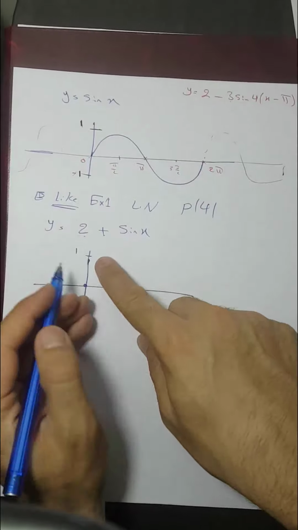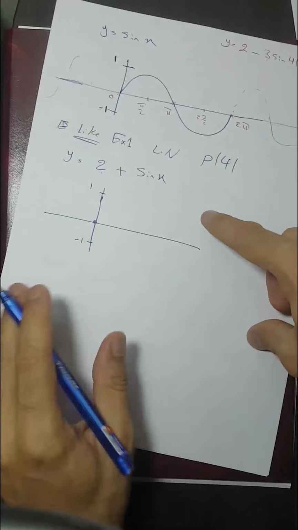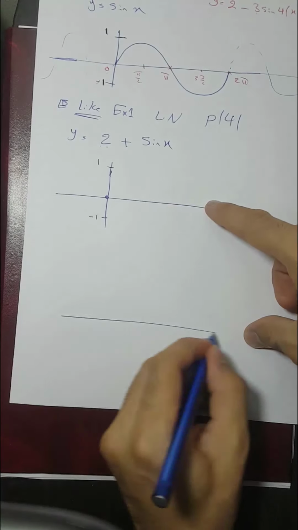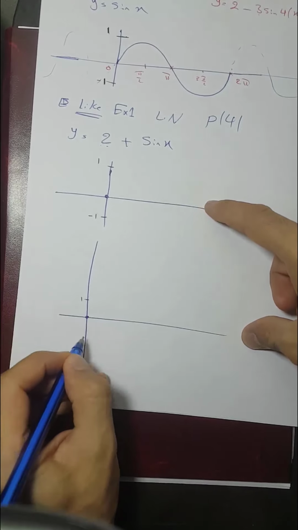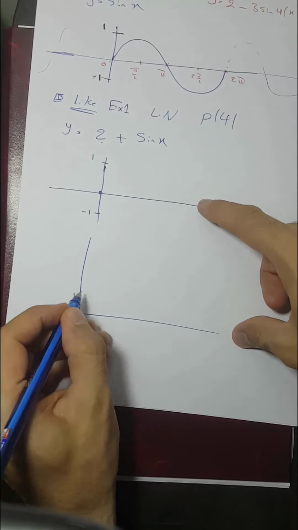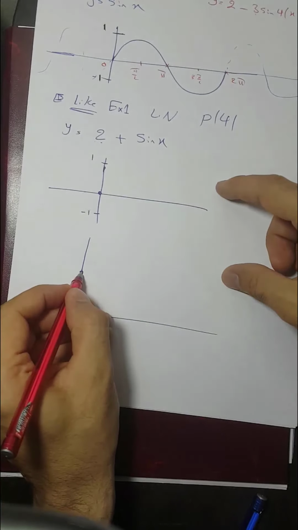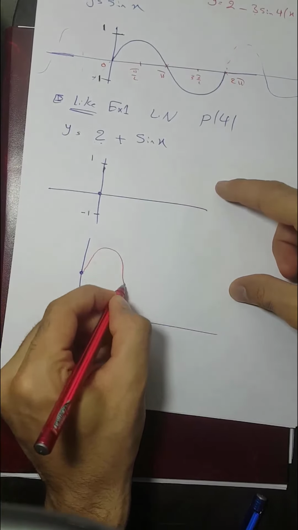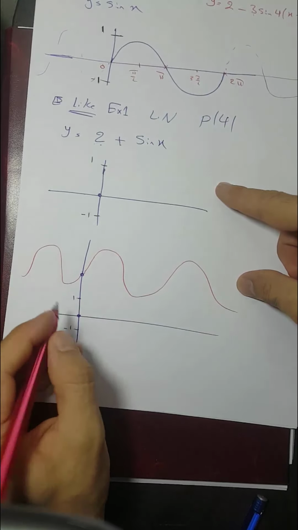So if I say plus 2, it means 0 plus 2, I get what? 0 plus 2 is equal to 2, as you know. So my graph will start at 2 and go like that and like that. How about here?